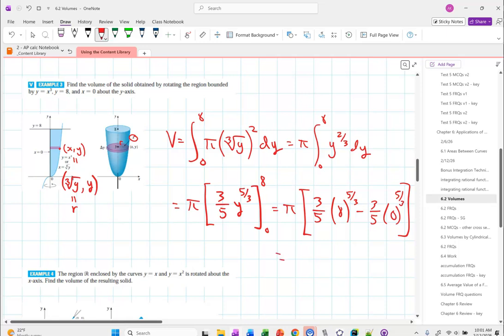Okay. 3 on the bottom is a cube root, right? Cube root of 8 is 2. 2 to the 5th is 32. Times 3 is 96 over 5, and the other piece is just 0. Is everybody okay there?